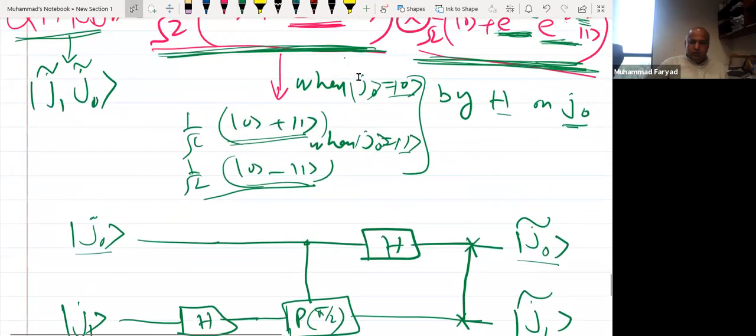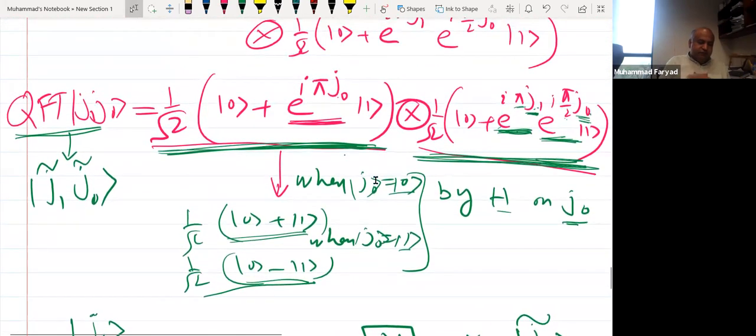Do all of you get this point of adding phases? This is just a Hadamard controlled by J1. To control a Hadamard by J1, all I can do, easily, is put a Hadamard right on J1. And then this was a phase which was to be controlled by J0. But now I had no choice but to introduce a controlled phase gate.